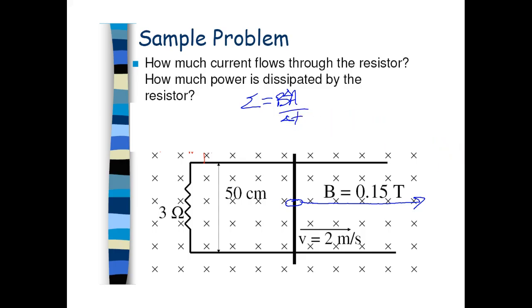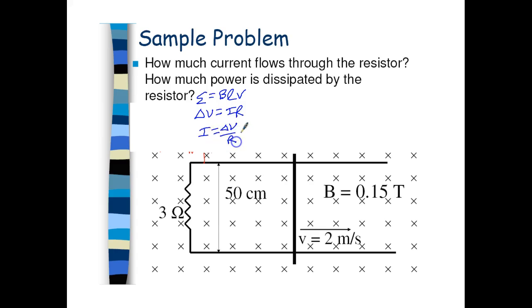So the very first thing they want us to do is find how much current flows through the resistor. So let's use our equation that we just learned, which is the potential is equal to B times L times the velocity. We know that the change in voltage is equal to IR also, and so here we're going to say I is equal to the change in voltage all over the resistance.